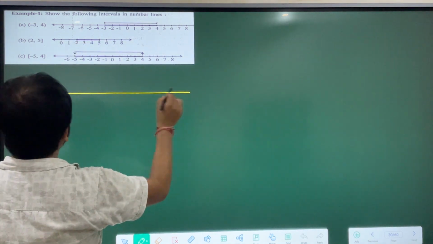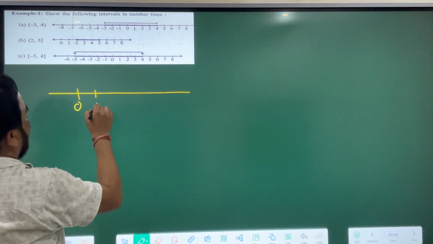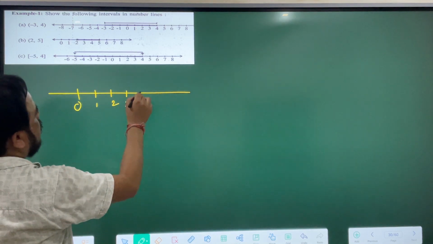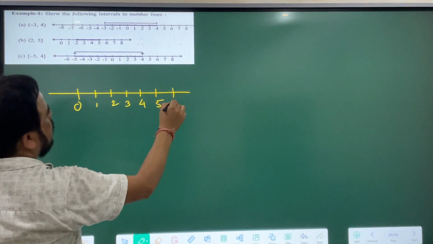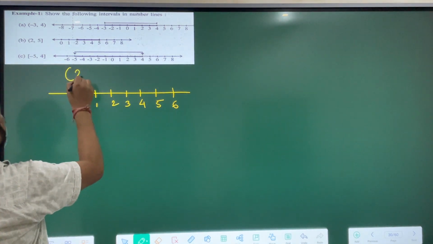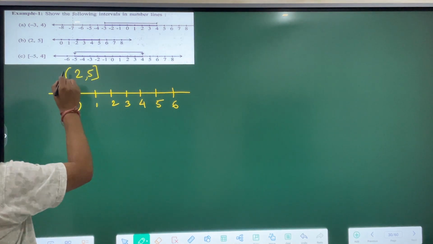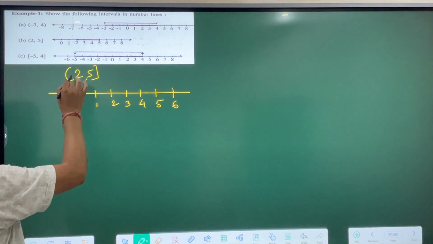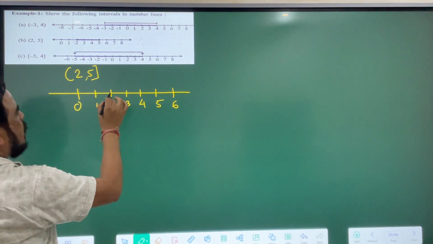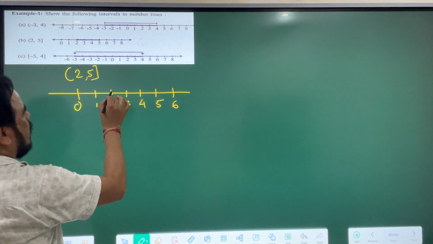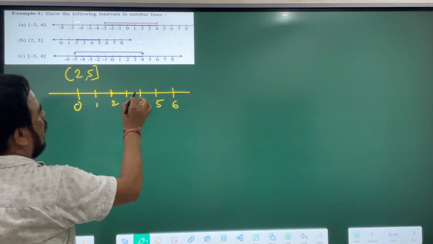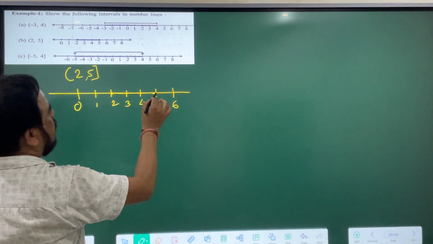Look here. This is the number line: 0, 1, 2, 3, 4, 5, 6. This one, (2, 5], left open. That means 2 is not included. After just 2, we will mark here, but till 5.